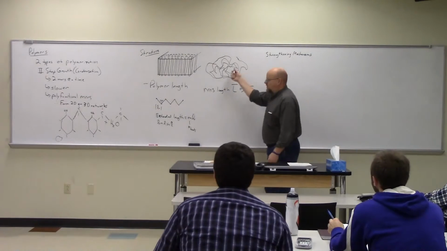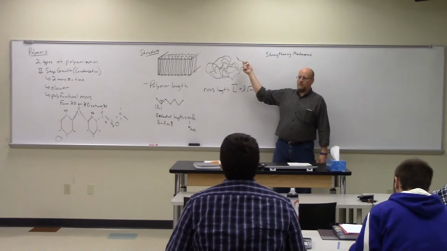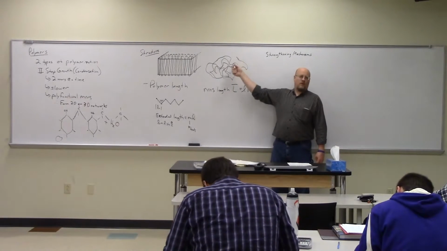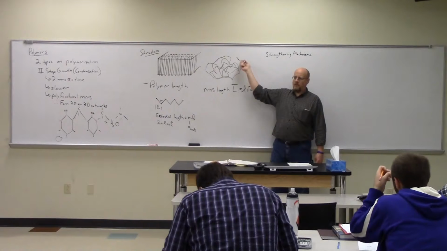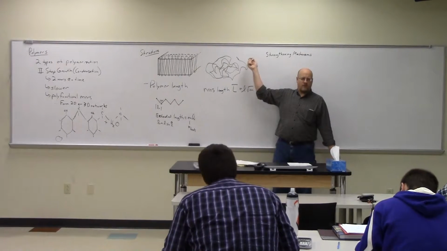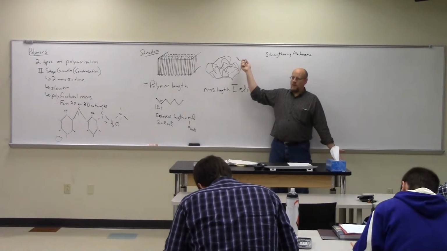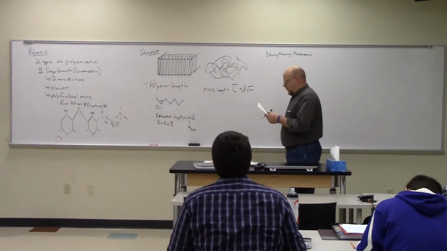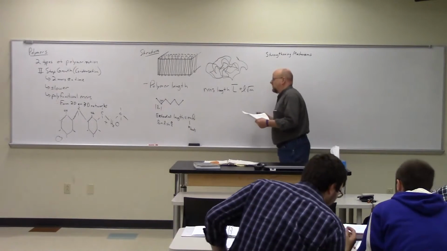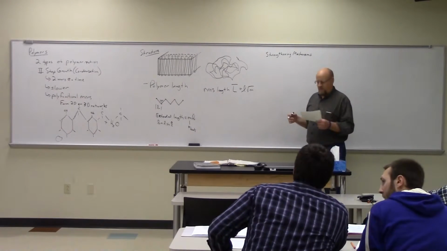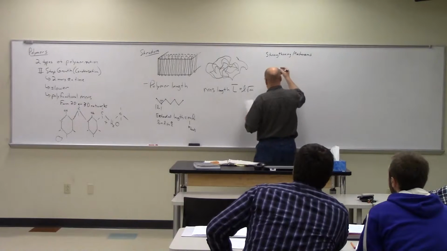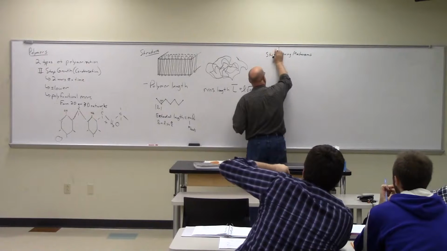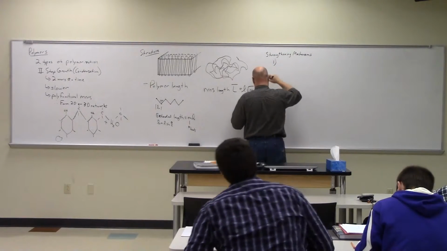I'm going to take this chain and straighten it, and the only thing opposing me is the van der Waals forces holding the different pieces of the chain together. So polymers are typically fairly soft, because overcoming van der Waals force is not that hard. We need some strengthening mechanisms to make them stronger than just the van der Waals forces. I've got three different strengthening mechanisms. One is to add side groups.